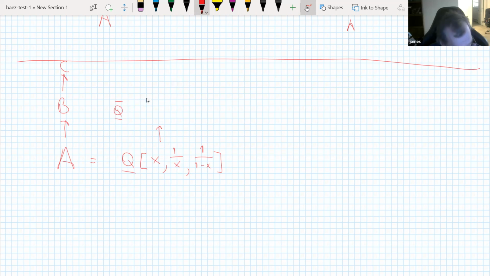So the algebraic numbers. And I hope I'm not getting everything backwards and upside down more than it should be.